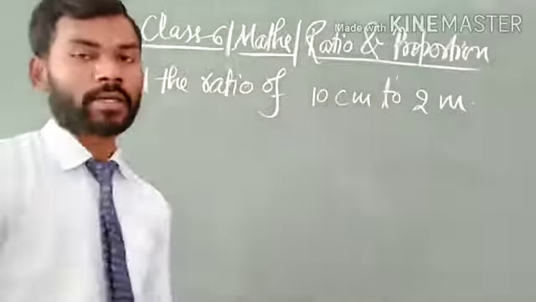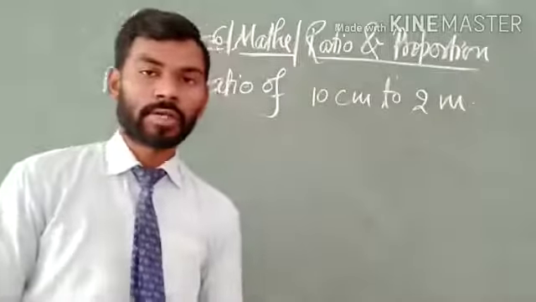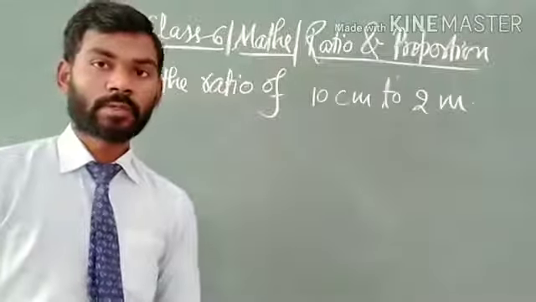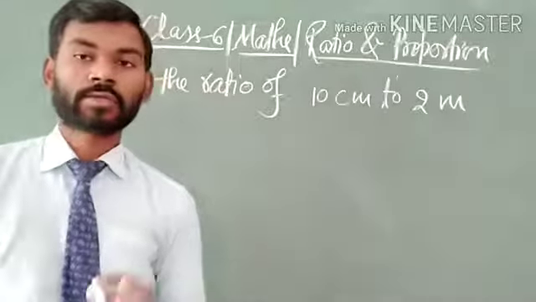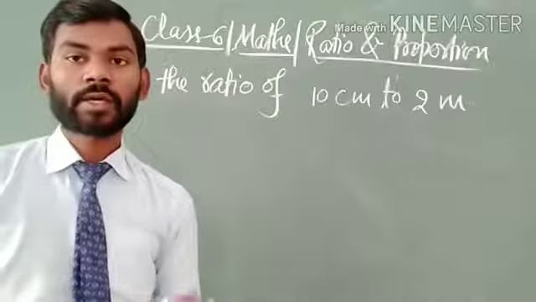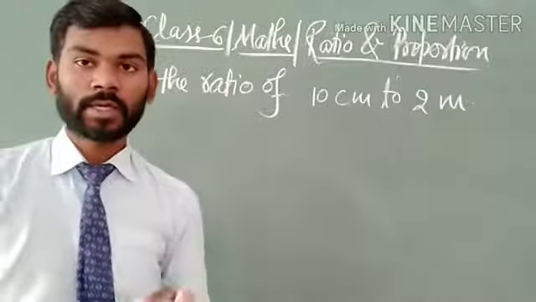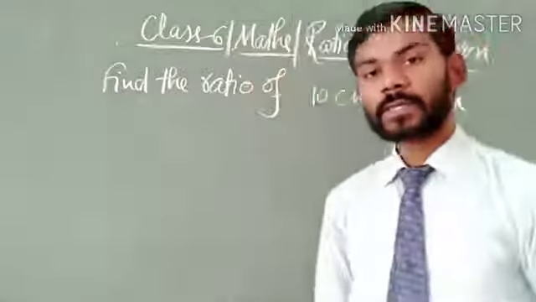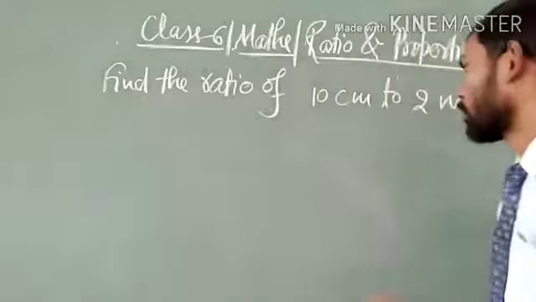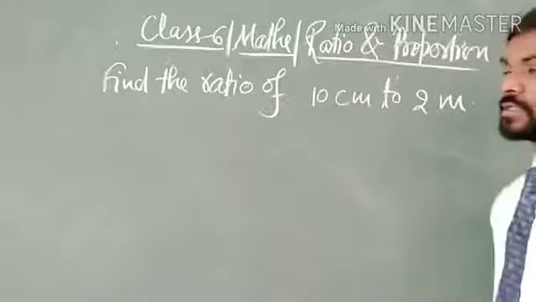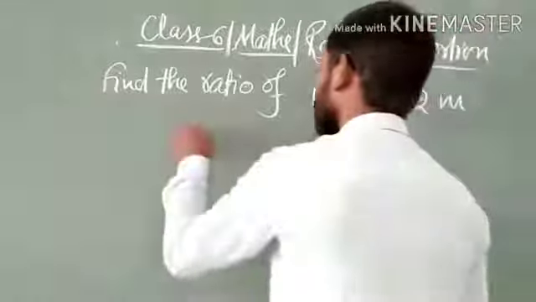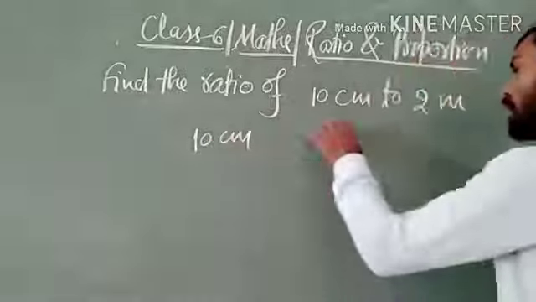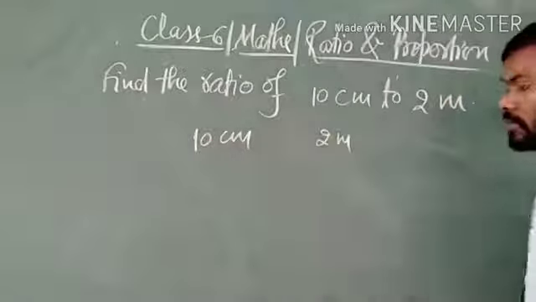In the starting, I already told you that a ratio, meaning the comparison, is only possible when the units of the quantities are the same. But here we can see that the units of the quantities are not the same. The first is given in centimeter and the other is given in meter.